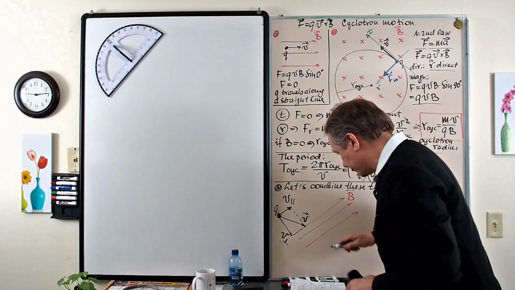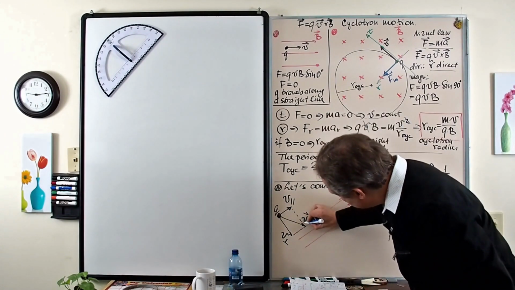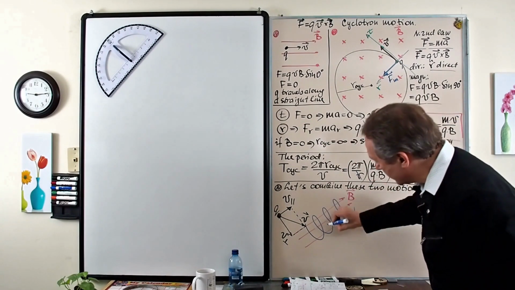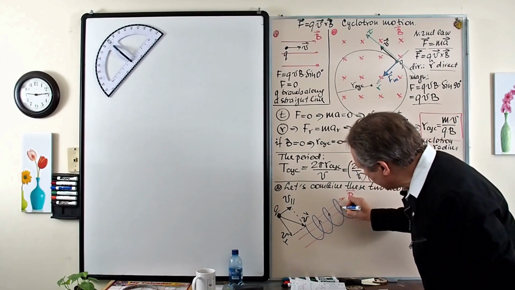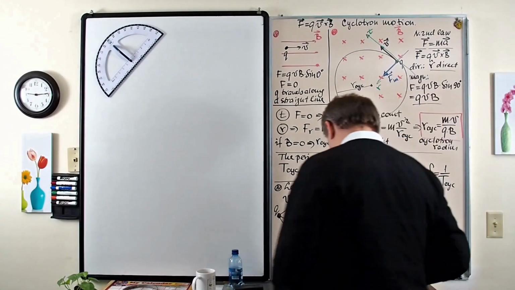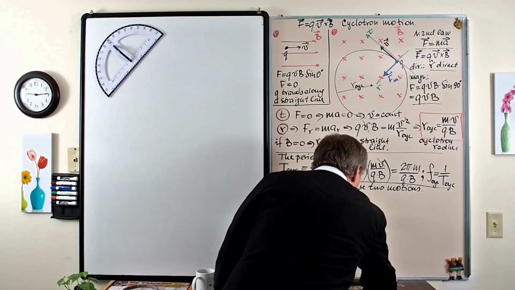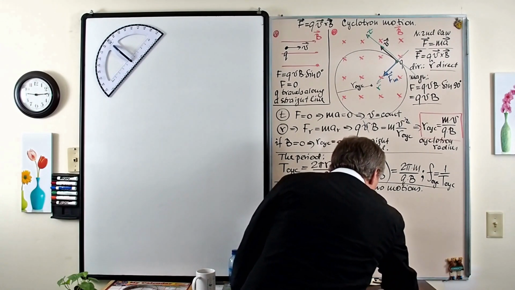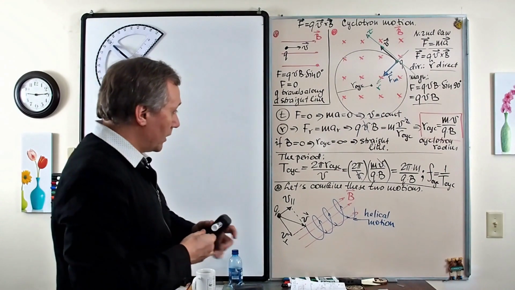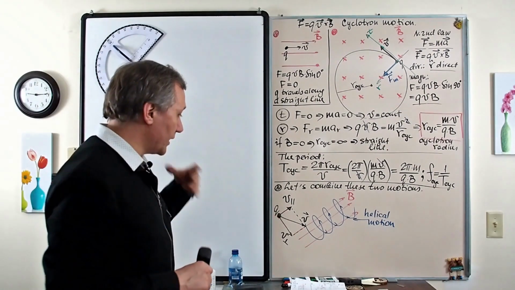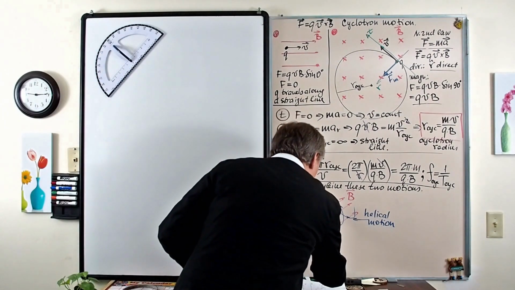So as a result, we can draw something like this. We're going to have something like this. So we have a helical orbit, helical motion. And one parameter which we will need for the next problem is this distance.